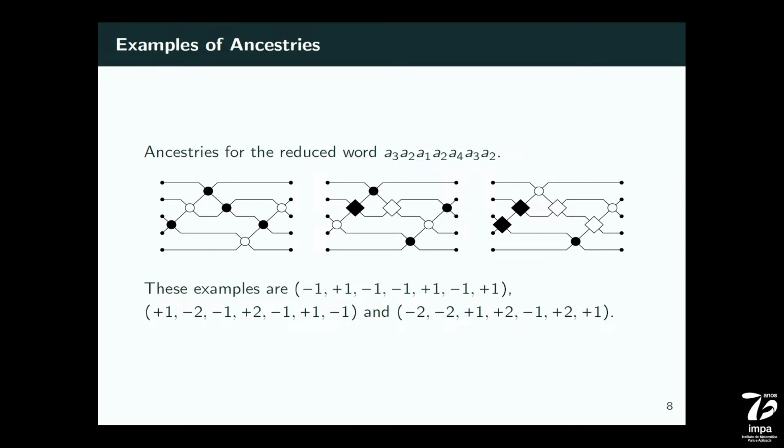But for higher codimension, I have conditions. So there are 4 to the L ancestries? No, for dimension 0, just for the first one, for codimension 0. The others, no, I have conditions.